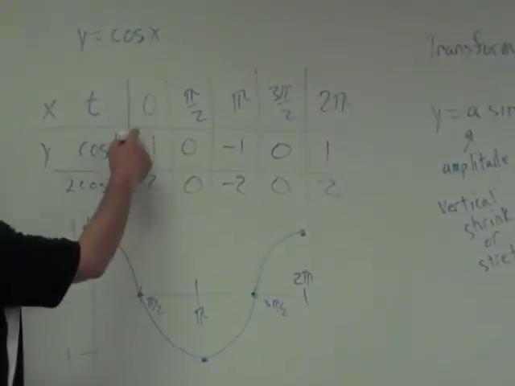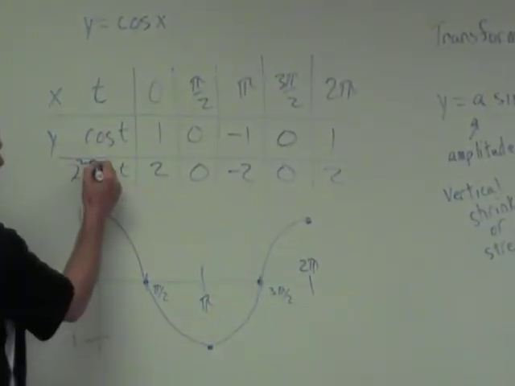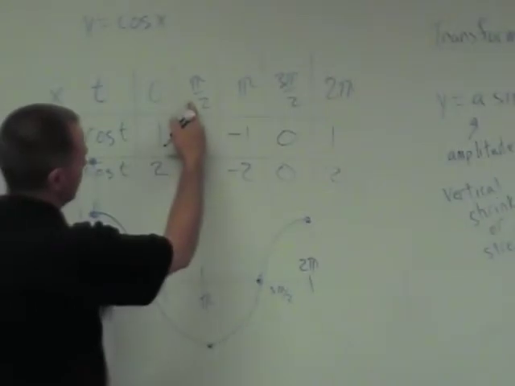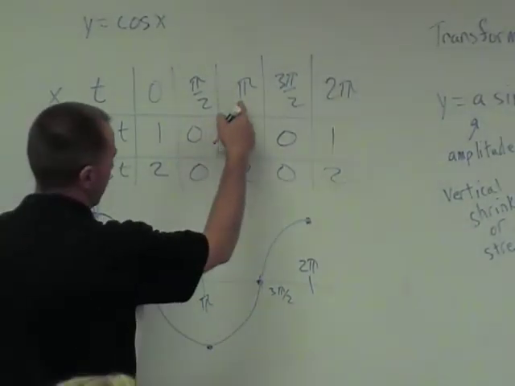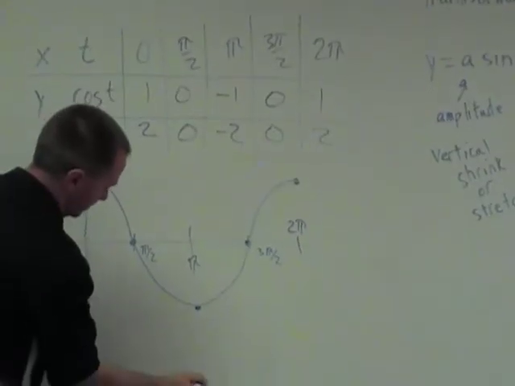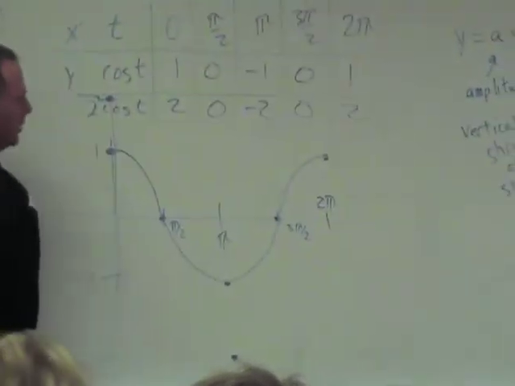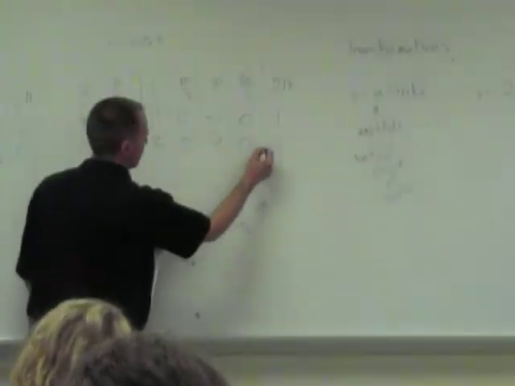When t is 0, we're at 2, so we're up here at 2. When t is pi over 2, we're at 0. When t is pi, we're at negative 2. When t is 3 pi over 2, we're back at 0. And when t is 2 pi, we're at 2.